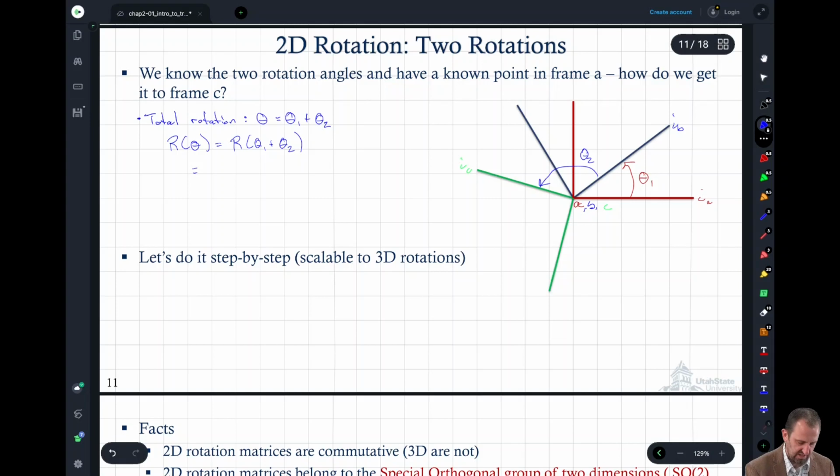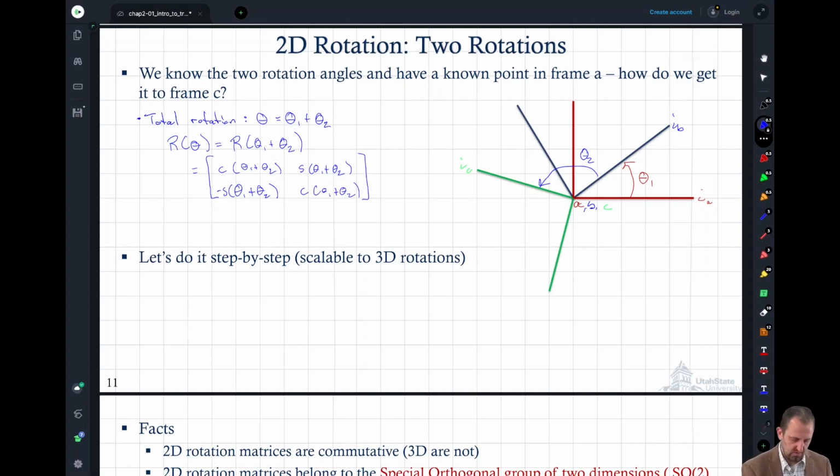We could either say that this is our cosine of theta 1 plus theta 2, sine of theta 1 plus theta 2, negative sine of theta 1 plus theta 2, and cosine of theta 1 plus theta 2. Well, that's also going to be equal to the rotation about theta 1 times the rotation about theta 2.